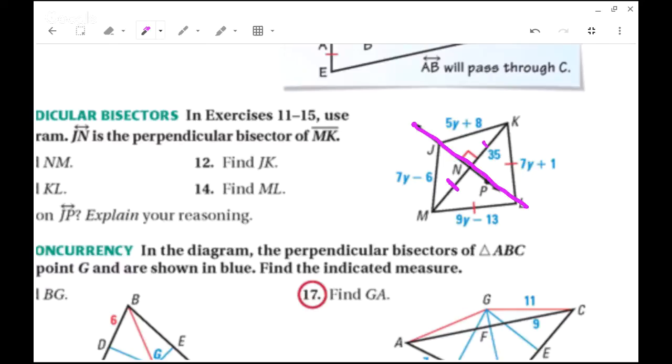So that means this segment and this segment are congruent. Well, we know that this segment's measure is 35, so that should tell us the measure of this segment too. Does that make sense? Yeah, NM is 35.